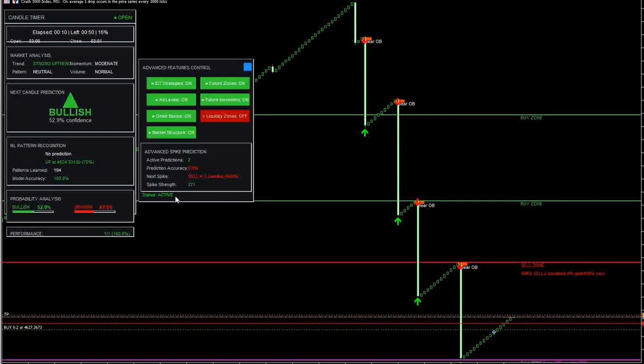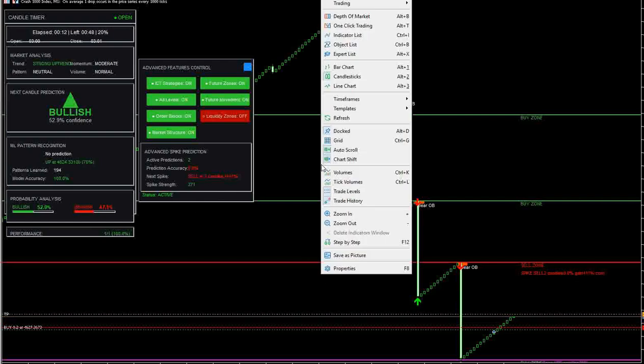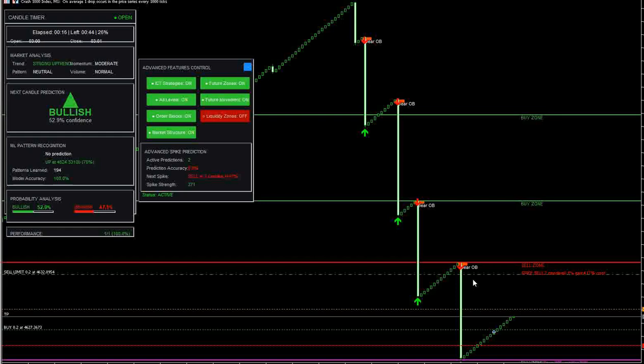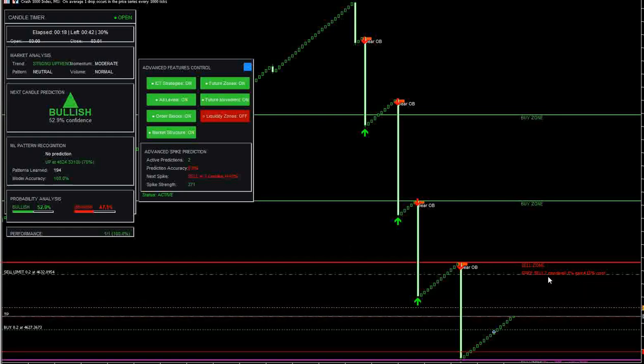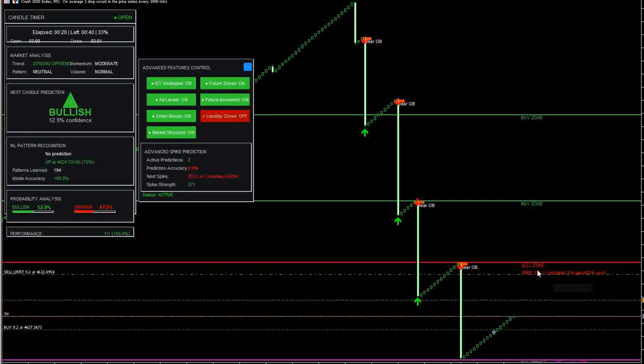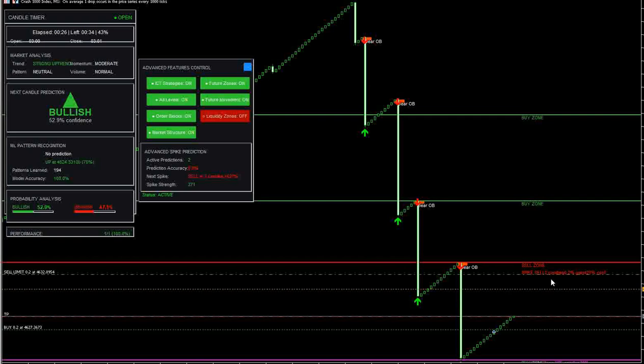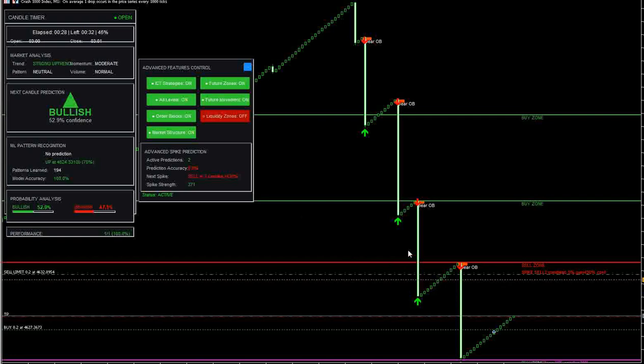So probably I should put a sell limit, and once I click that, the sell limit automatically fixes itself at this particular point. So the indicator understands everything about this particular market. The same thing goes with any other market that you are going to use it on.